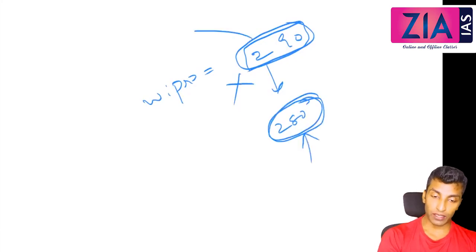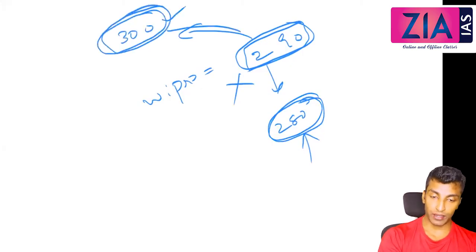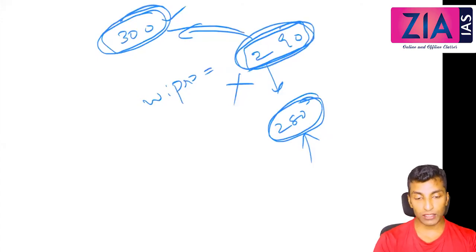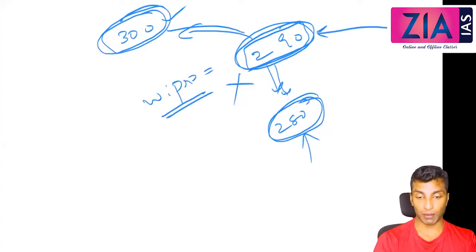If it goes further like 300, then I will make loss because I need to buy it at 300. I have already sold at 290. So if the price is going up, there will be a loss. If the price is coming down, you will get the profit. But when you are doing it, you are sure that this is the maximum price. At that point only, you will enter into short selling.